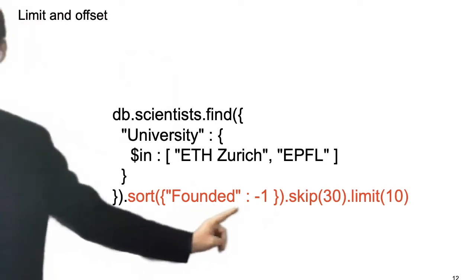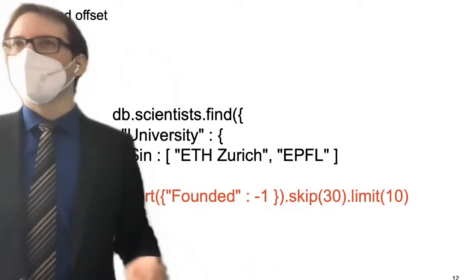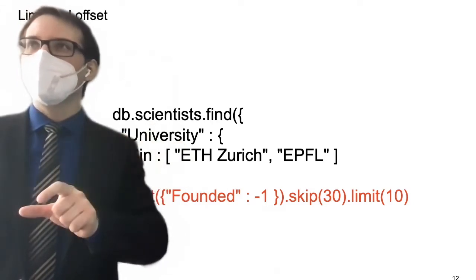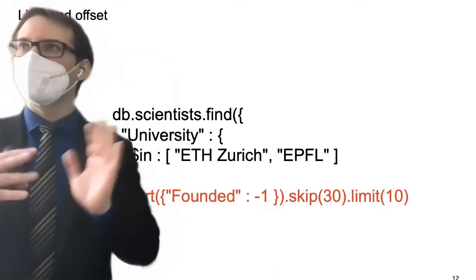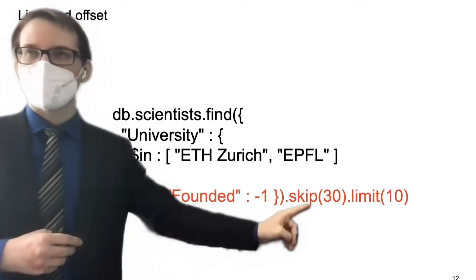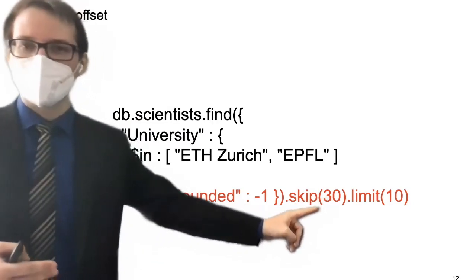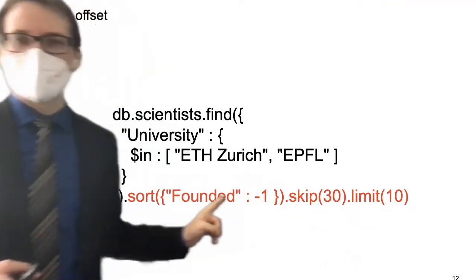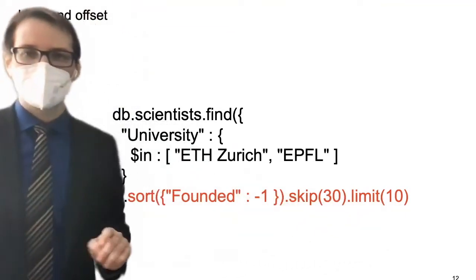Okay. And then you have skip and limit. It's pretty much what you have in SQL, right? You have order by, offset, limit. Remember that in SQL? That's for pagination. You can skip the first 30 results, directly jump to the 31st one, and then take the next step.